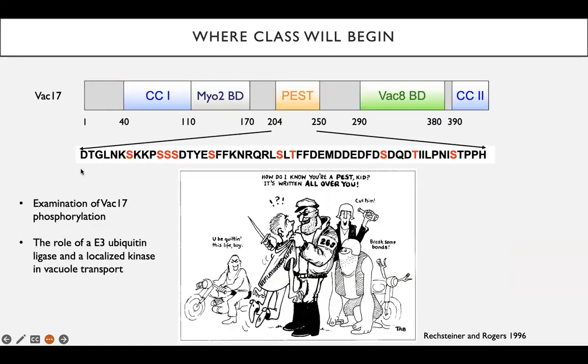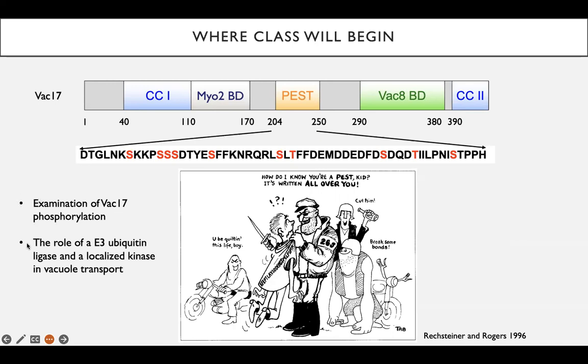I brought this up a bit before, but this is where we're going to start in class. This just highlights the exact amino acid sequence of the PEST sequence of VAC17. What we're going to do in class is examine data for how researchers went about examining the phosphorylation of VAC17 within its PEST sequence. We're also going to examine data for the role of an E3 ubiquitin ligase and a localized kinase and their role in vacuole transport.